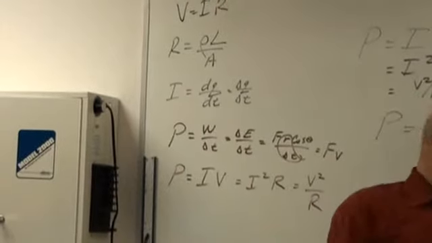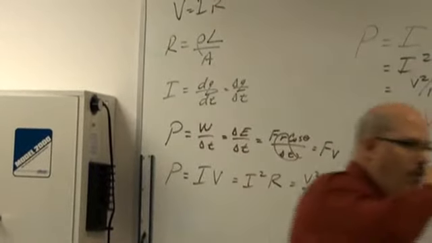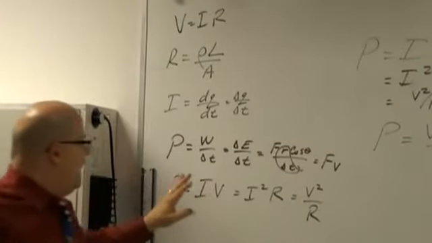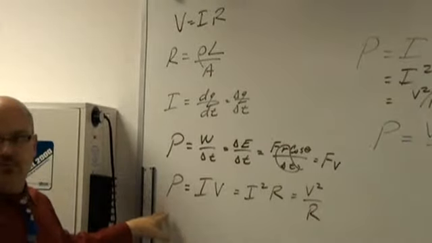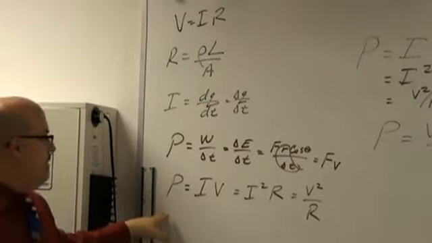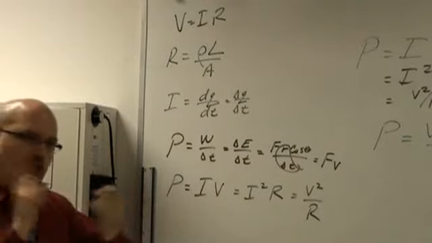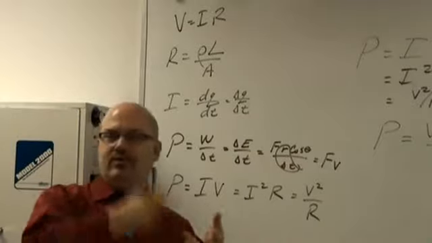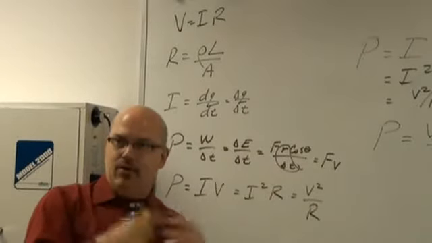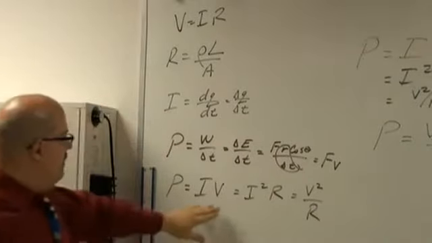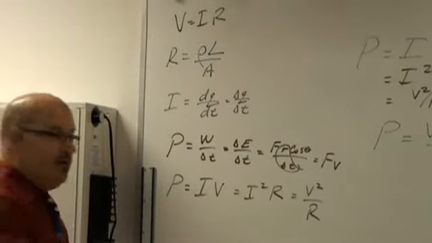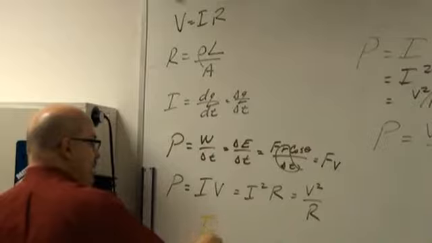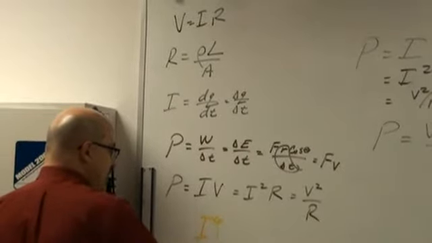Okay? Now, riddle me this. If I want to have maximum power, really, really big power, then what does the current, what does the voltage, and what does the resistance have to be like in order to have maximum power? So what does this equation tell me? If I want to have big power, I need to have big current and big voltage.